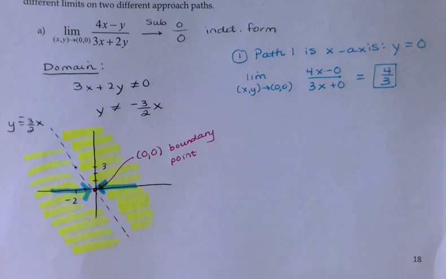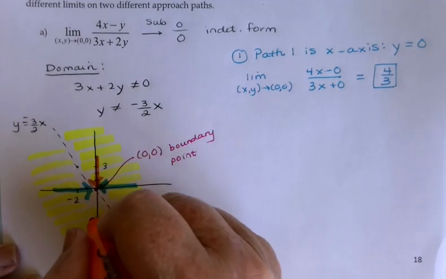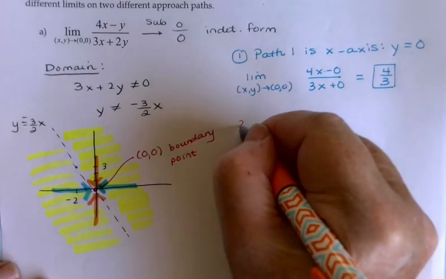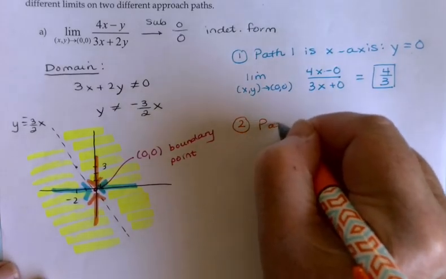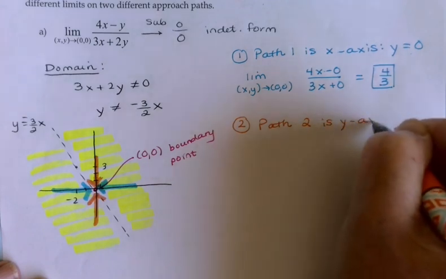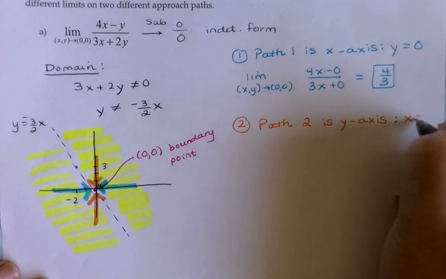Now let's try another one. Let's use the y-axis this time. What if I try to approach my point 0, 0 along that y-axis? Of course, the y-axis would have equation x equals 0.